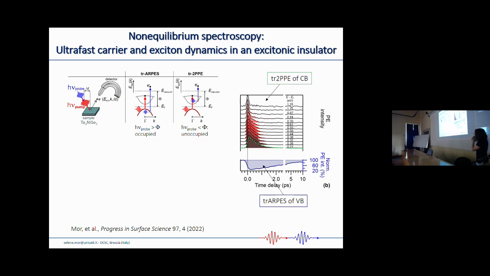You can see some initial intensity up in the conduction band, which then cools down, and electrons are collected at the bottom of the conduction band. This is why you also observe intensity at the bottom of the conduction band, which collects and relaxes on a much longer time scale. And this was probed by two-photon photoemission spectroscopy.